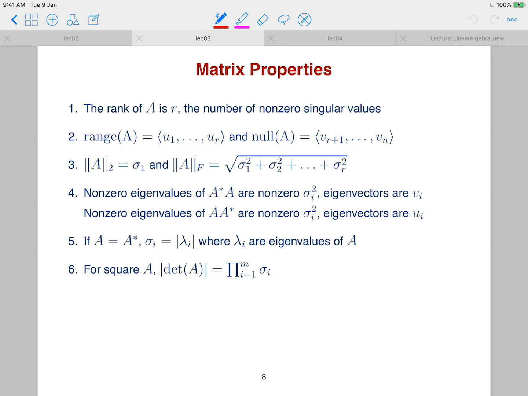For example, given a 100 by 50 matrix, suppose you obtain 30 non-zero singular values. It means your matrix rank is 30. What is the meaning of the rank?